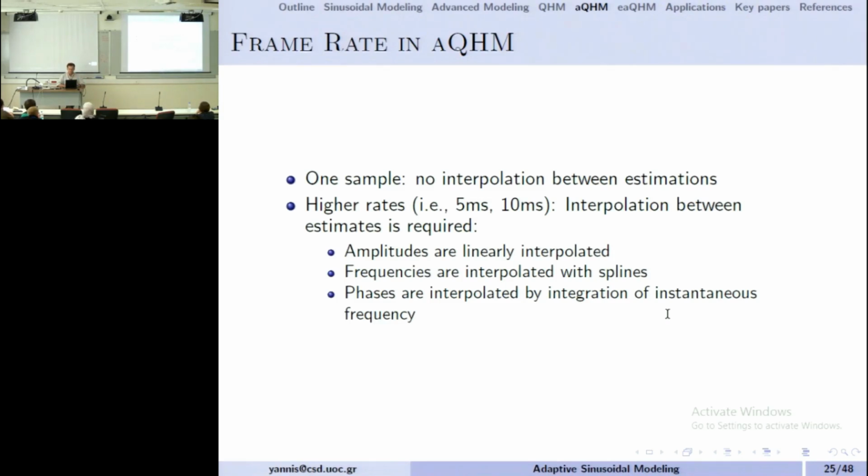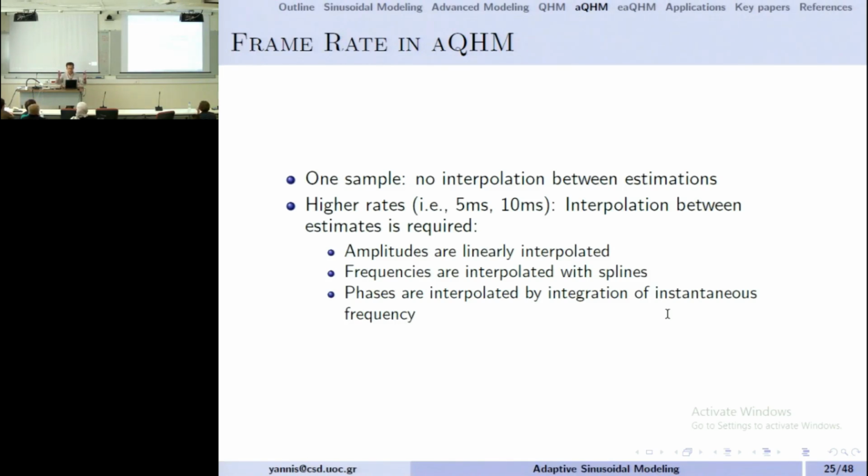For instance, for quality estimation of voice, for voice quality assessment, we can do every sample, or we can do every 5 or 10 milliseconds if we work on coding or speech synthesis.